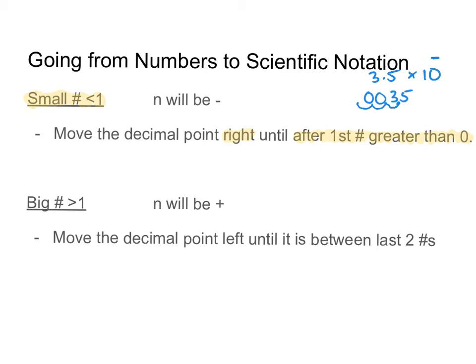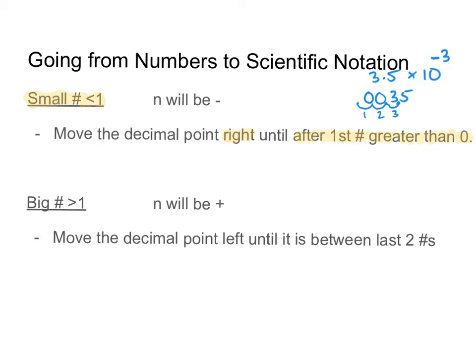And n is the number of times that you move the decimal. I moved the decimal 1, 2, 3 times, so this is going to be a negative 3. So 0.0035 in scientific notation is 3.5 times 10 to the negative third.